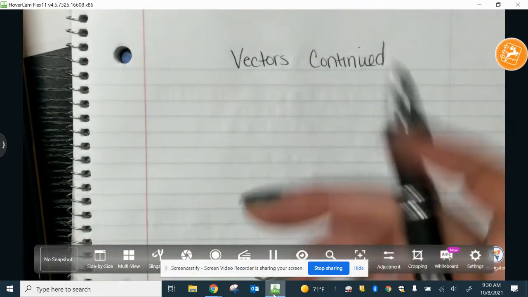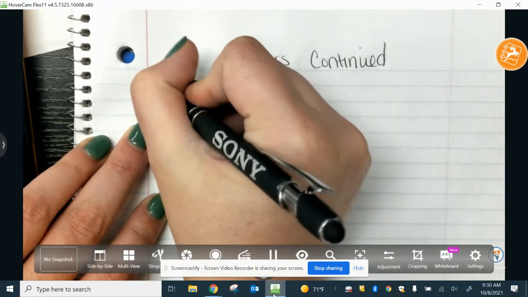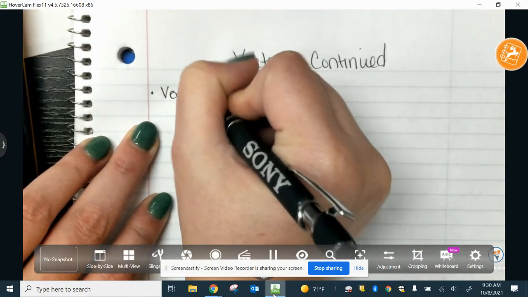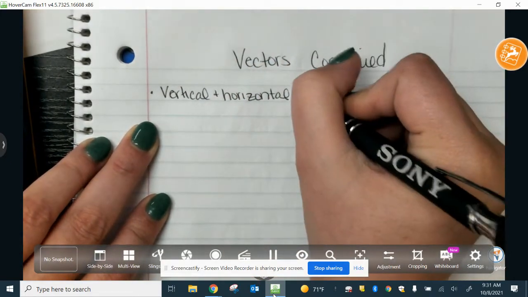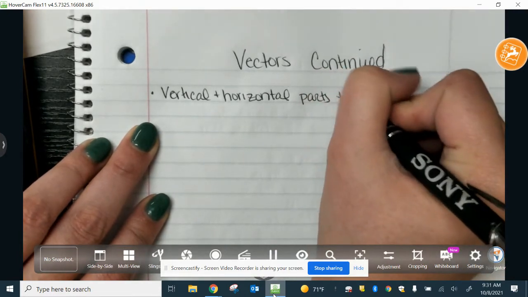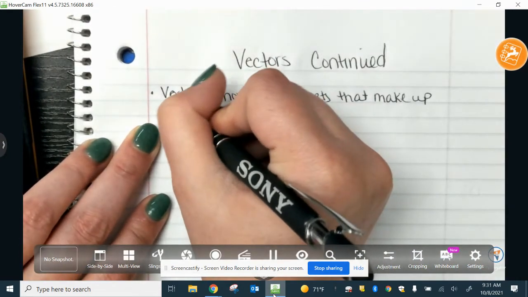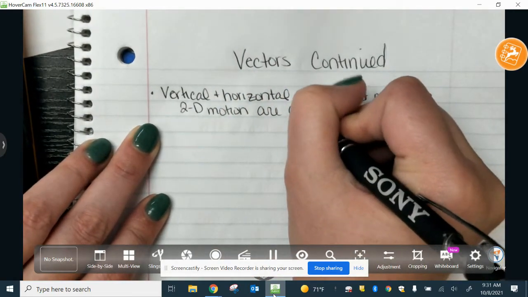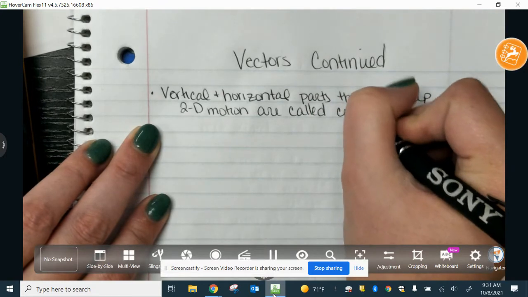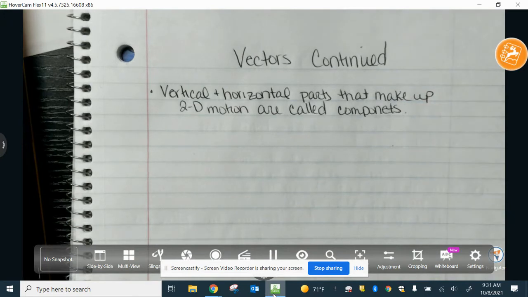All right. So the vertical and horizontal parts that make up 2D motion, two-dimensional motion, are called components. Components is a new term that we're going to start using.